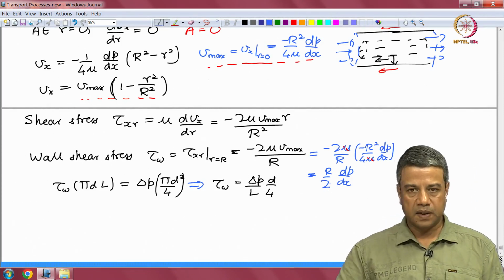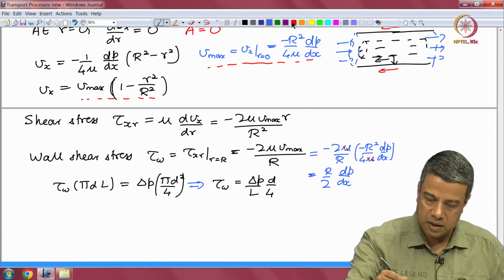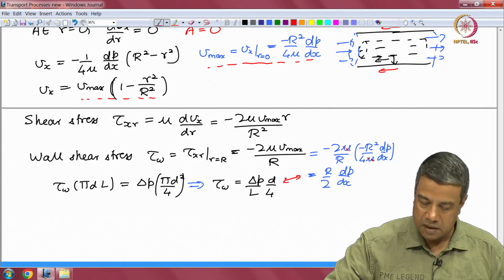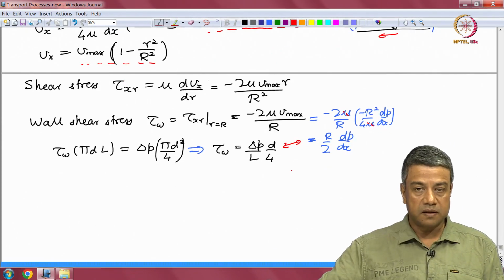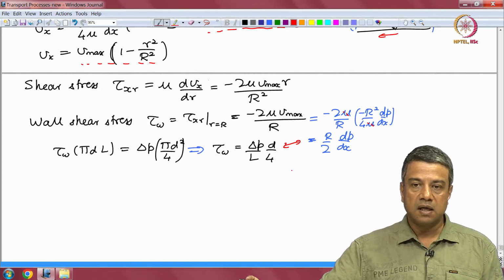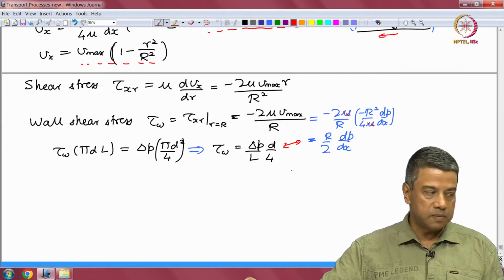Now, radius is equal to diameter by 2. So, these two are exactly the same, except that one is expressed in terms of the difference in pressure across the ends, the other is expressed in terms of the local pressure gradient.